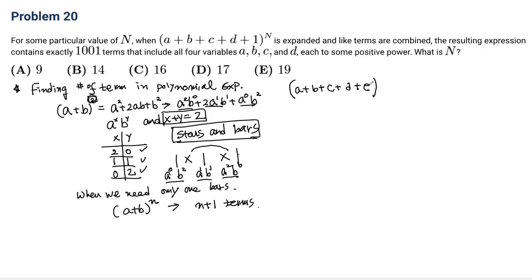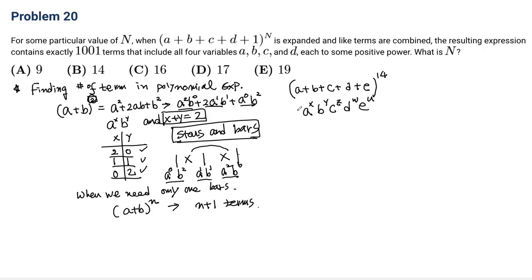On this question, the exponent is 14. So we're going to find out how many terms there are when we expand this polynomial. Every term is expressed as a to the x, b to the y, c to the z, d to the w, and e to the u.